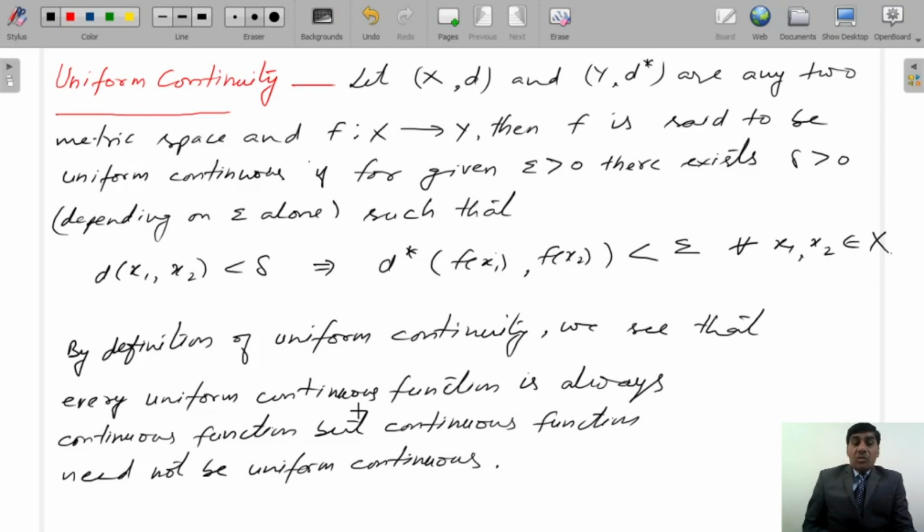We shall show by example that every continuous function need not be uniform continuous, but uniform continuous is always a continuous function.